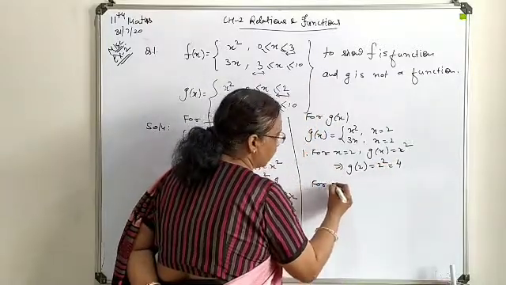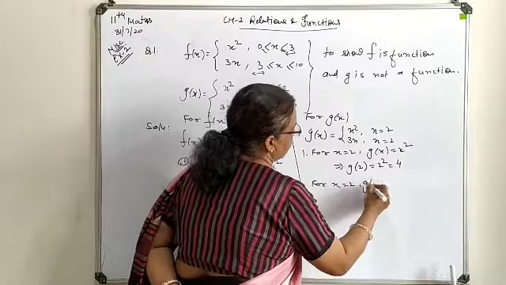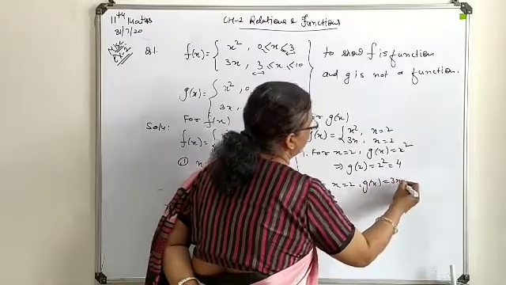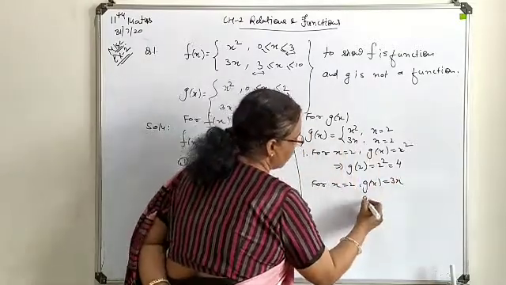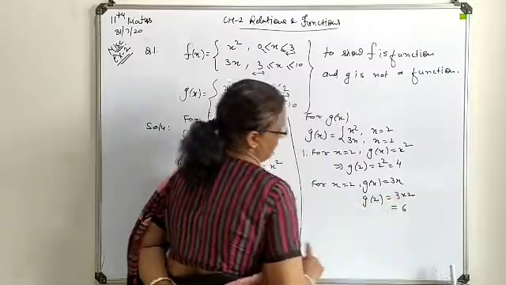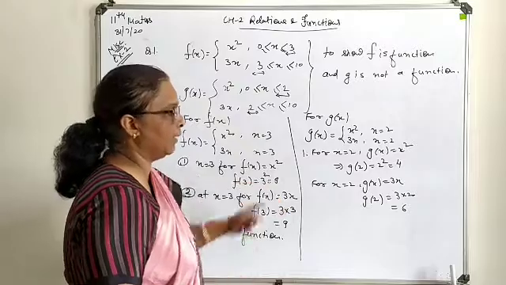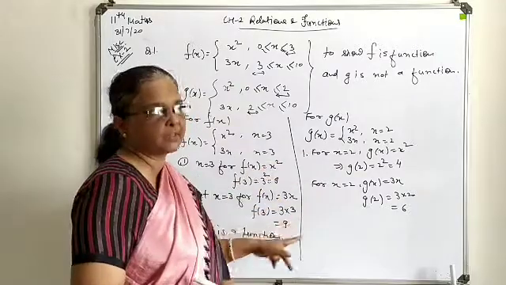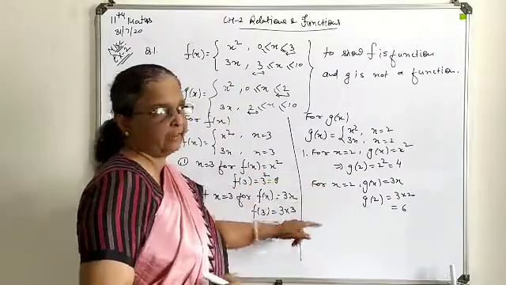For x equal to 2 with g(x) = 3x, g(2) gives 3 into 2, that is 6. If you look at the mapping of 2, it gives two distinct answers, 4 and 6.